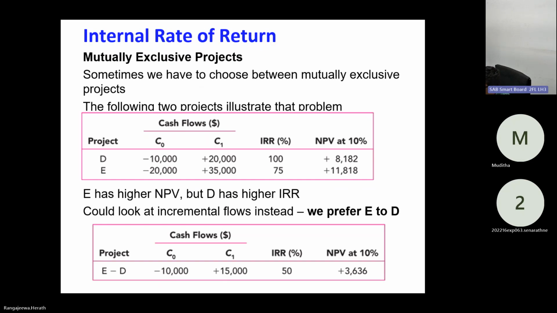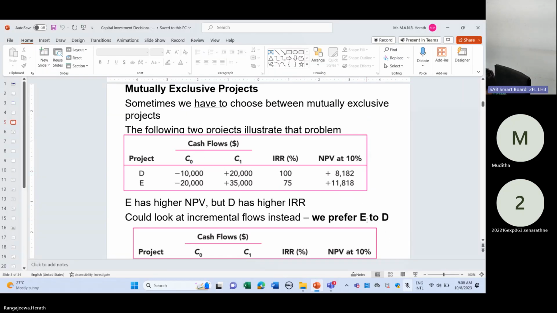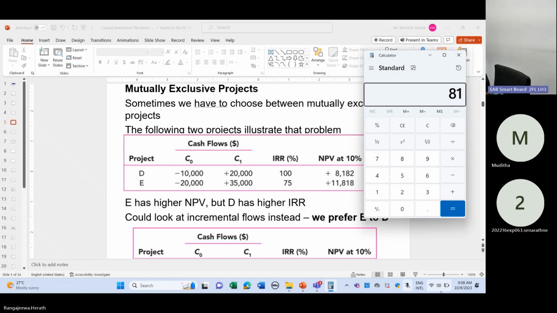If you take these two projects, 8 divided by 10,000, D's profitability index would be 0.8. But E, 11 divided by 20, means 0.55, something like 0.56. Right? Well, what the profitability index is: 8,182 divided by 10,000, 0.81.